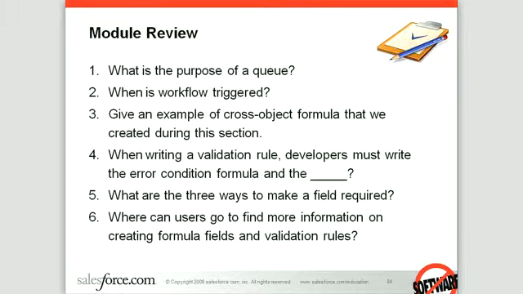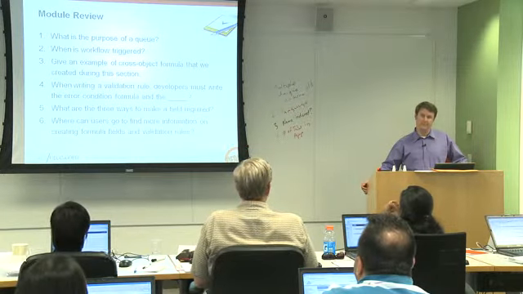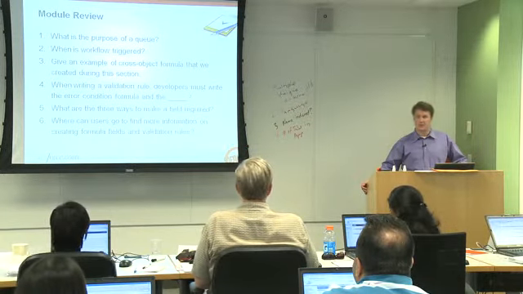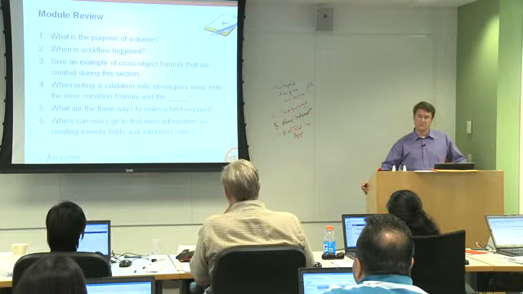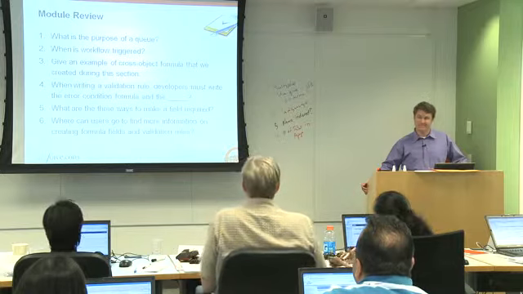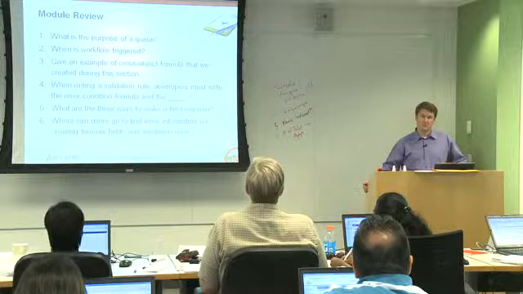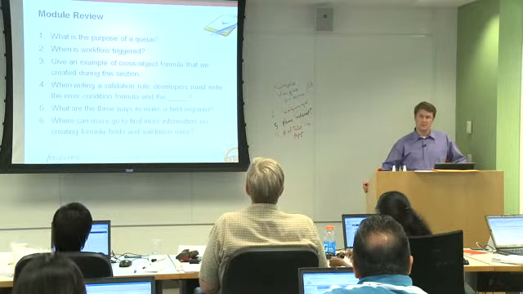Chris, what are the 3 ways to make a field required? The field level required checkbox. Yep. Check the box for required on a field, also known as universally required. The validation rule. Create a validation rule. Very good. So create a validation rule that checks to see that there's a value for that field. Workflow. Not a workflow.